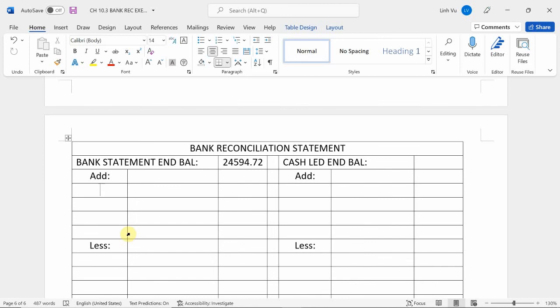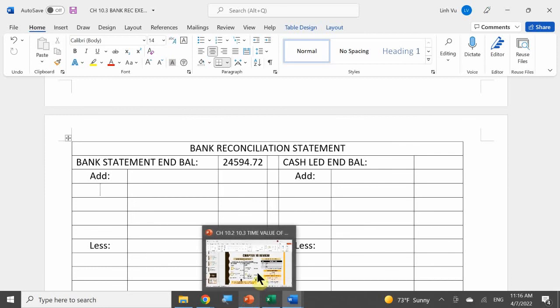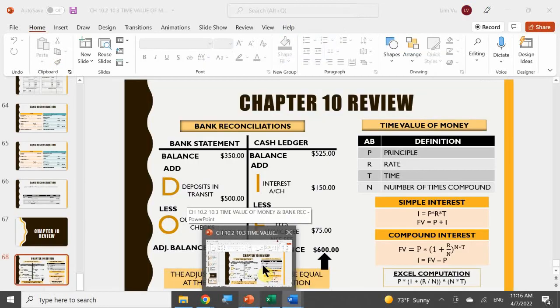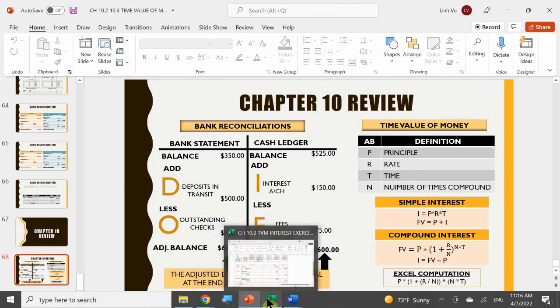Deposits. Okay, so I need to look at my deposits.